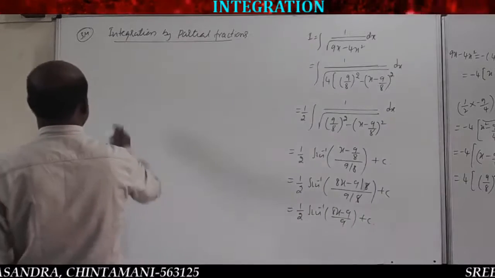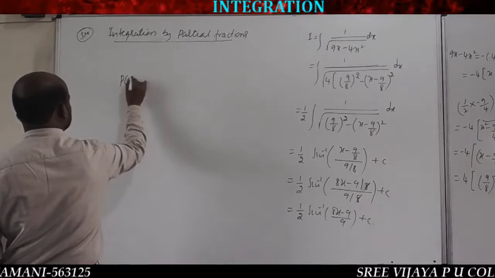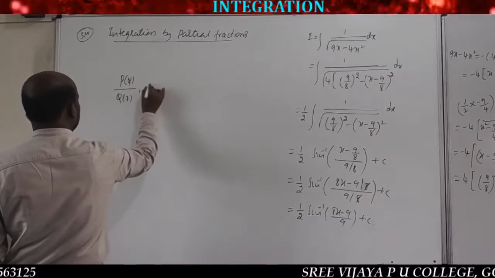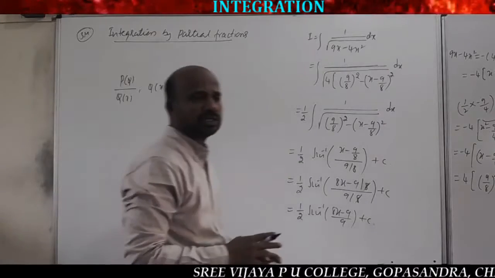Integration by partial fractions is used to find the integrals of the form p of x by q of x, where q of x is not equal to 0, a rational function.